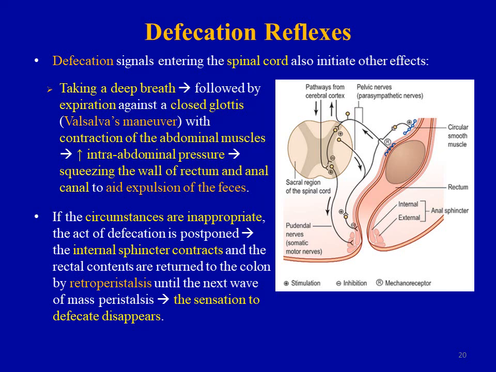How can this be achieved? This is achieved by retroperistalsis, which is peristalsis in the opposite direction, from the rectum to the sigmoid colon. So the content is returned to the sigmoid colon until the next wave of mass peristalsis brings the fecal material back to the rectum. If we empty the rectum, the sensation to defecate will disappear.